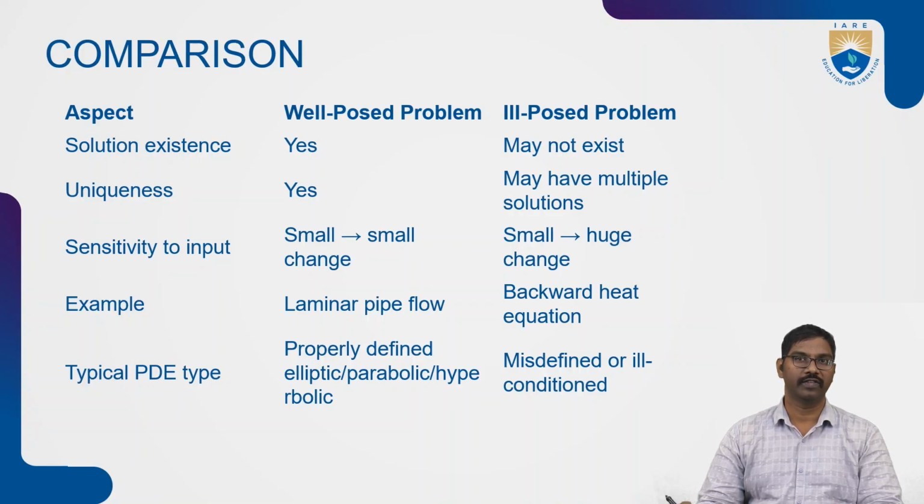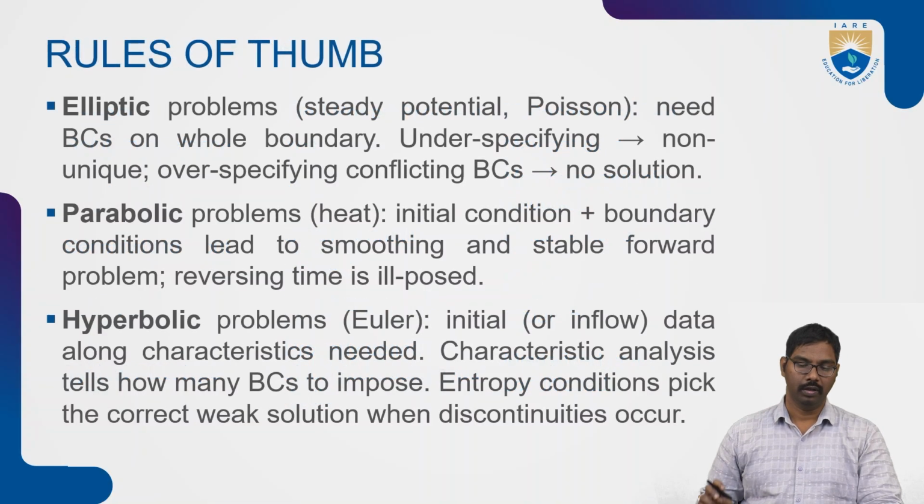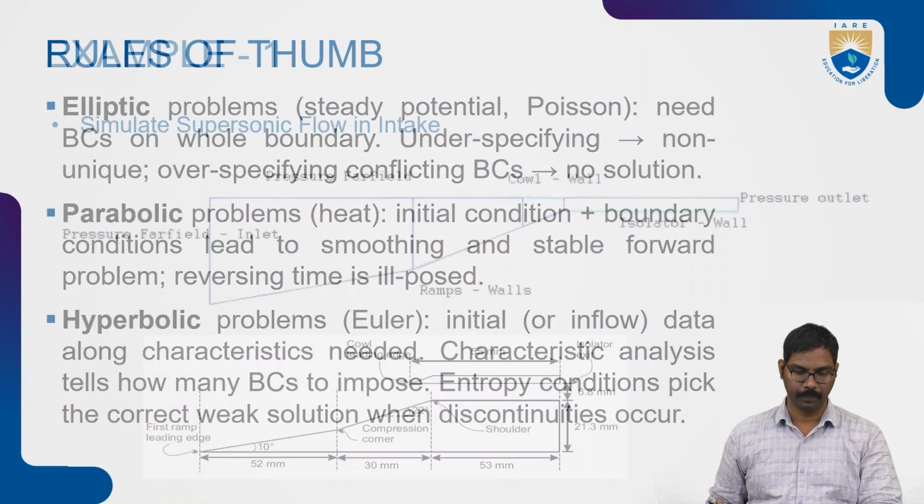So let us go with a case where we use ANSYS CFD to understand the ill-posed and well-posed conditions. As we know, the rules of thumb for each governing equation are that elliptic requires all the boundary conditions, parabolic requires the initial conditions and boundary conditions, whereas hyperbolic requires the initial or the boundary conditions, which are enough to solve the solution.